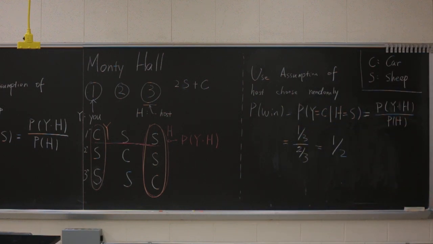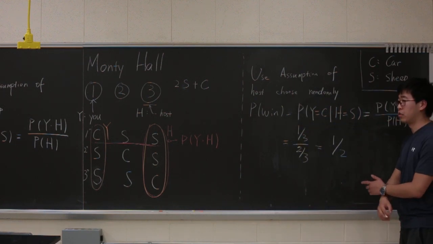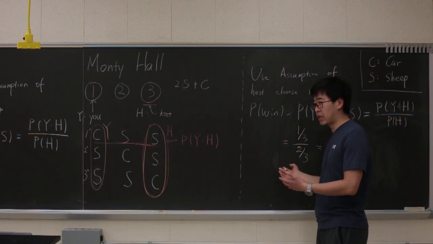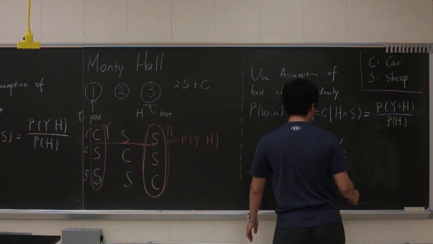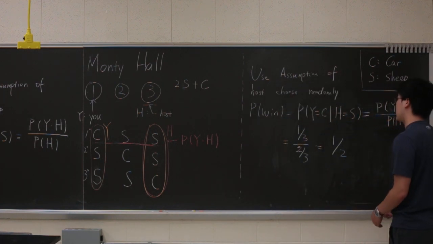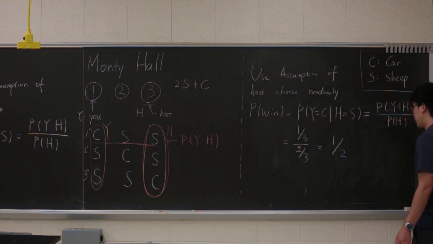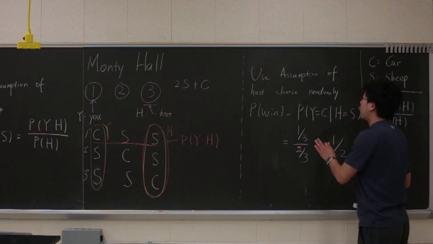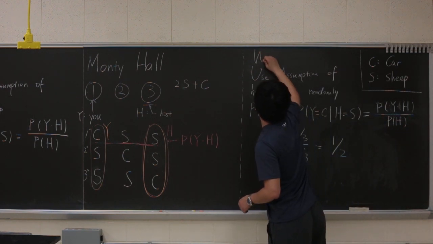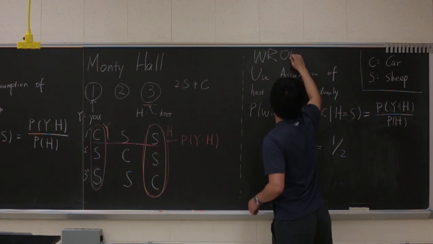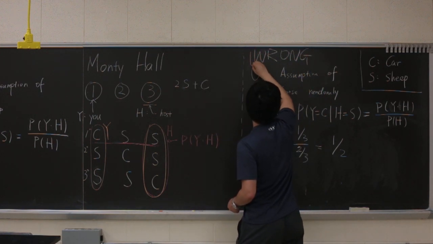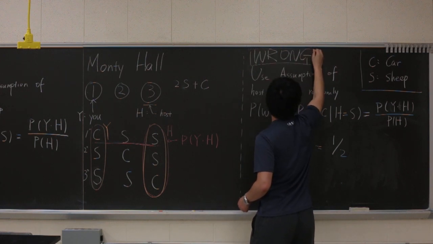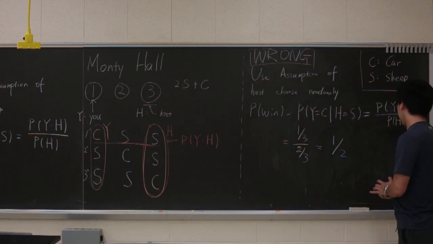Then of course it has to add up to 1, so the probability of switching and not switching is half and half, easy. Also, another really easy way of thinking about it, though this way of thinking is wrong. Just keep that in mind.